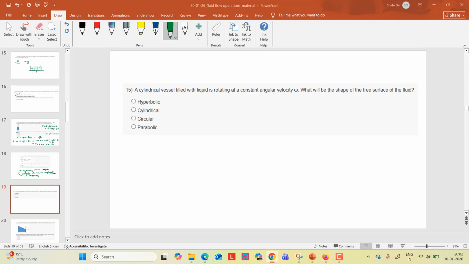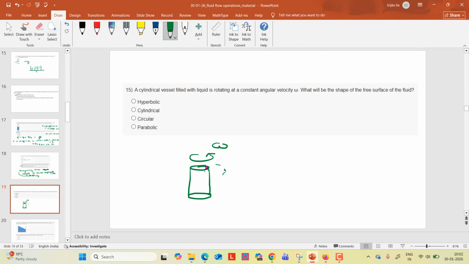A cylindrical vessel is filled with liquid, right, rotating at a constant angular speed omega. What will be the shape of the free surface?